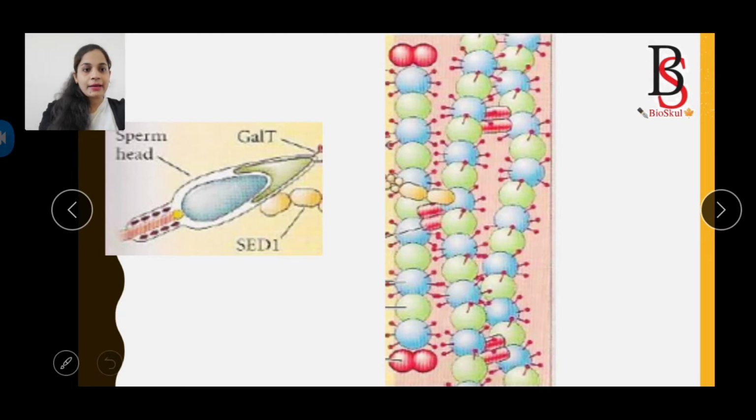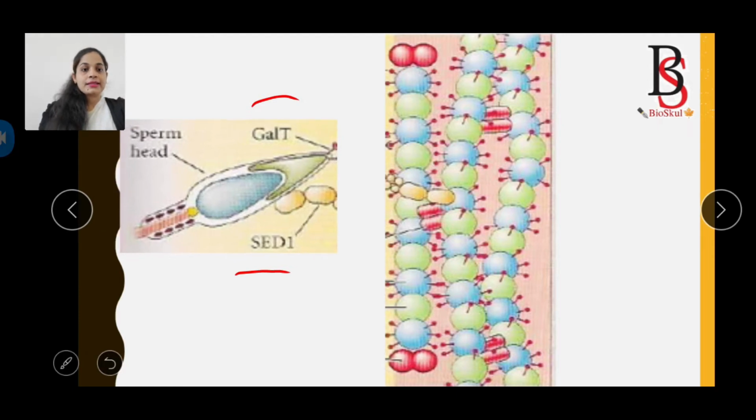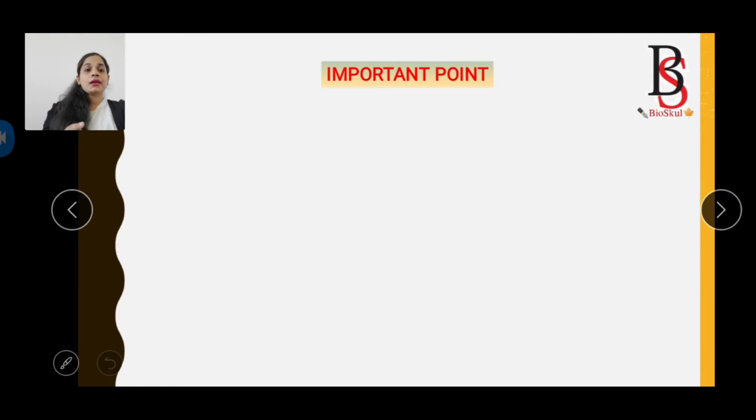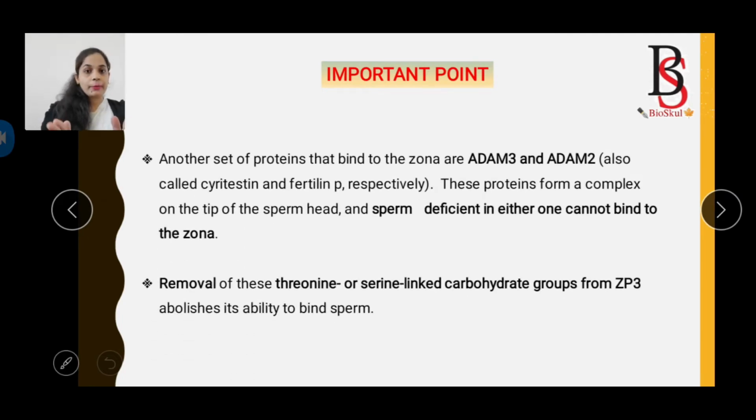Here in the diagram, this is the sperm with the SED1 protein present on the surface, and GalT is present in the head of the sperm. So SED1 binds to the zona complex, and GalT binds to the N-acetyl-glucosamine on ZP3.